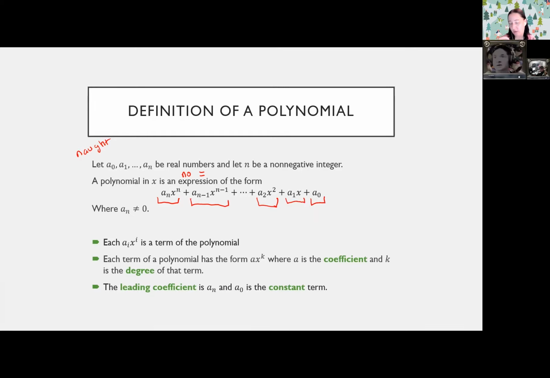So the exponent on your variable is essentially the degree for that term. And then because we write this from highest exponent to lowest, the highest one is called the leading term. The number in front is the leading coefficient. And then the number without a variable is called the constant term, because it's constant, it doesn't have a variable involved.